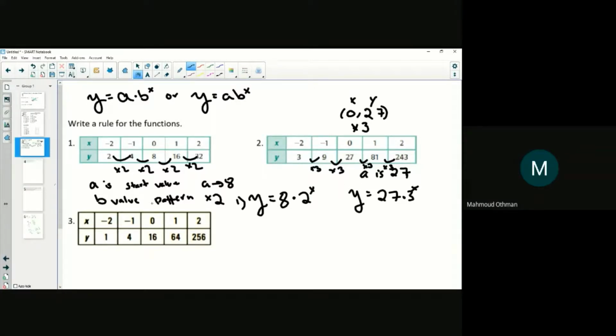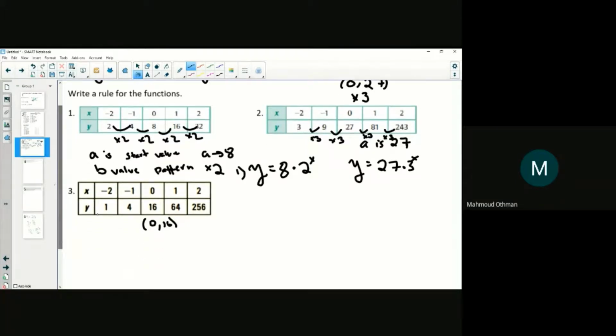Number 3, what's my starting value? My y-intercept or my starting value is going to be 0, 16, because when x is 0, y equals 16. Now I've got to look for my pattern. So I get from 1 to 4.